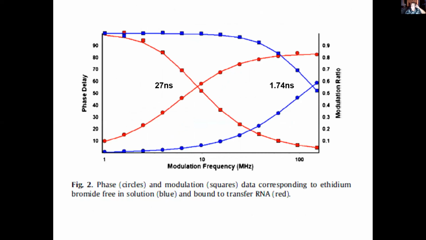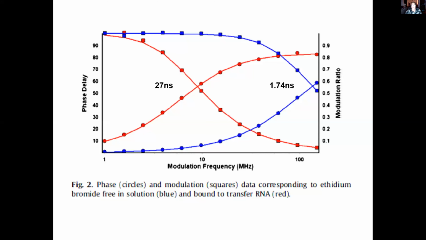Well, what if you have different lifetimes? Well, this shows that lithium bromide free, the blue dots and squares, at 1.74 nanoseconds. And we see we have to go to higher frequencies to start to get an appreciable phase delay. When it's bound to transfer RNA, it's single exponential 27 nanosecond, and it shifts to lower frequency.